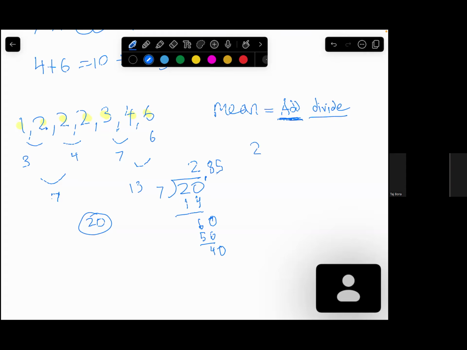So our mean would be 2.85. And now, if you see, this makes sense because the number 2 appears more times than 3, 4, and 6. So we would expect it to be around there. So all you need to remember is the mean is you add all of the numbers and then you divide by how many numbers there are. So does that make sense?